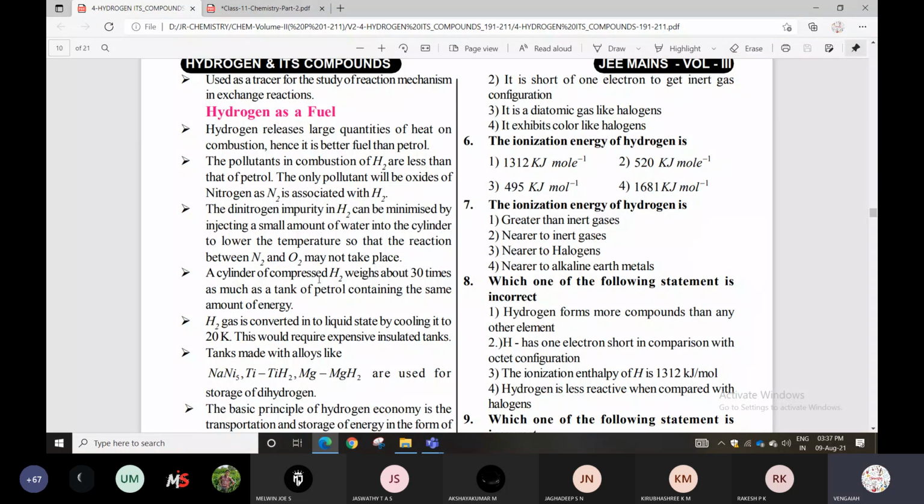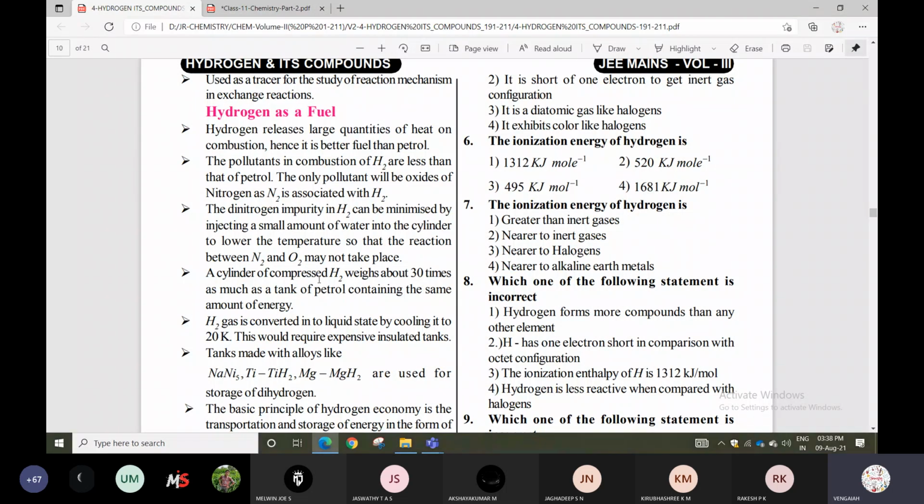A cylinder of compressed H2 weighs about 30 times as much as a tank of petrol containing the same amount of energy.